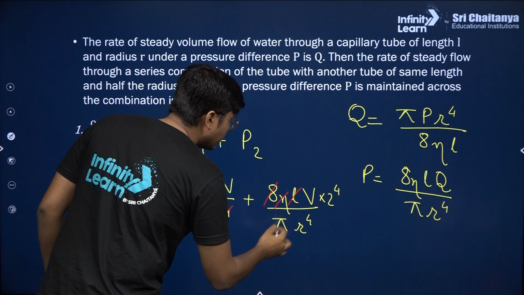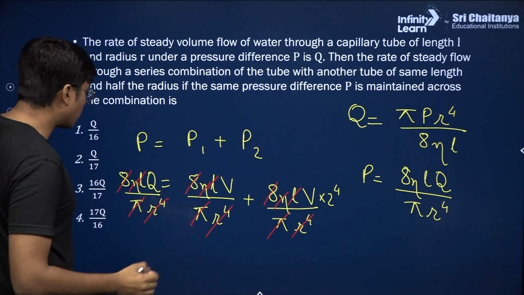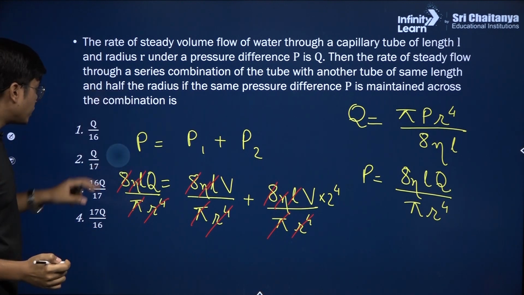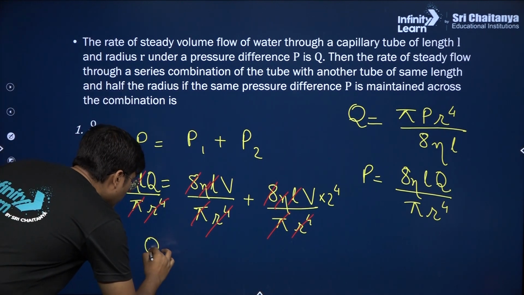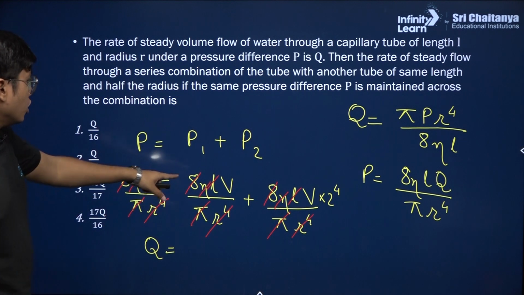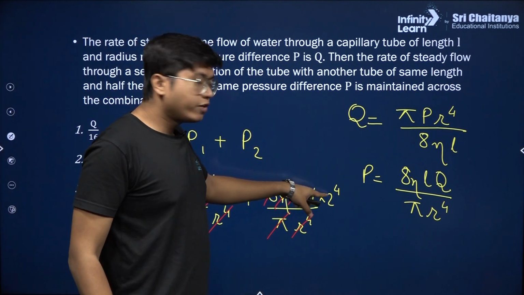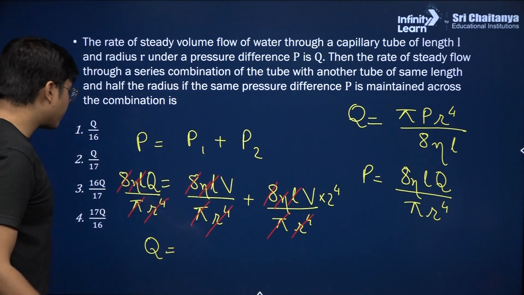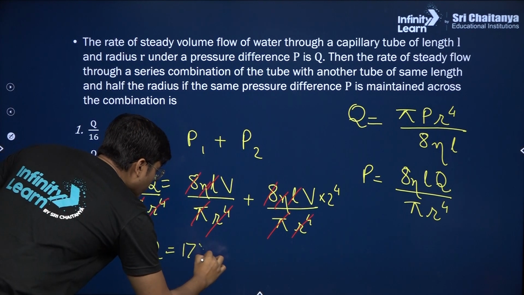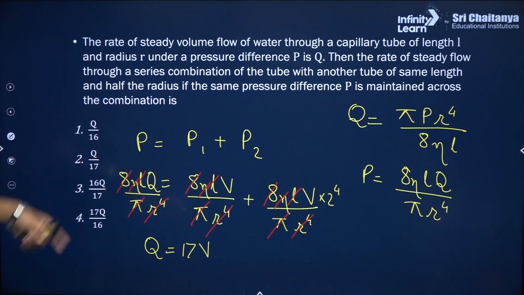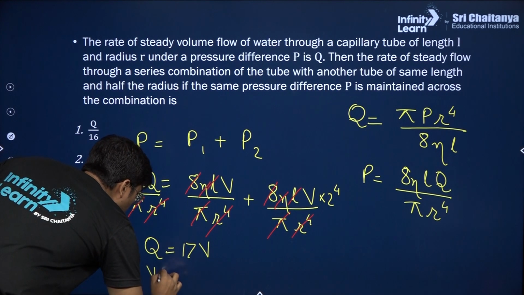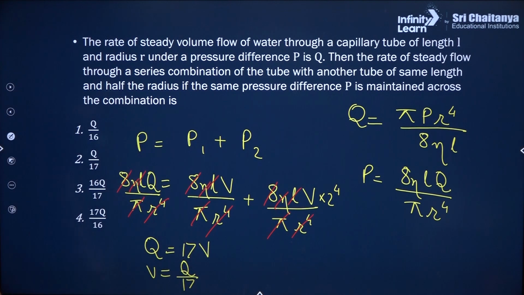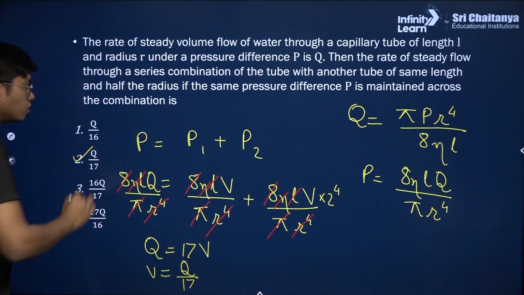In that case, your equation now becomes Q is equal to V plus 2 to the power 4 V, 2 to the power 4 is 16. So 16V plus V, that is 17V, which means your flow rate V would be equal to Q by 17. So your correct option is option 2 over here.